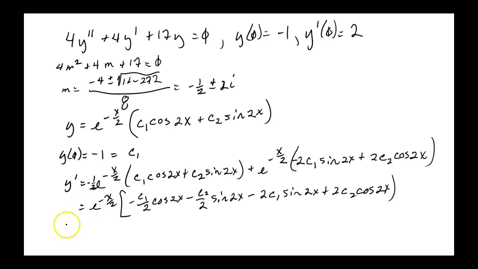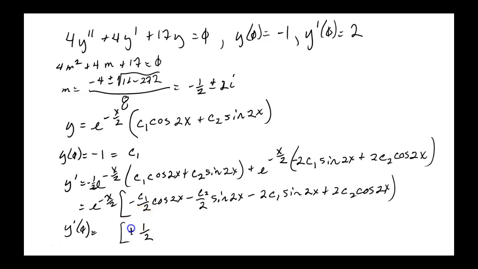Now, let's plug in y prime of 0, and that first one's going to be a 1, which doesn't really give us much. And we know c1 is equal to negative 1. So that's a negative 1/2 here, right? Wait.